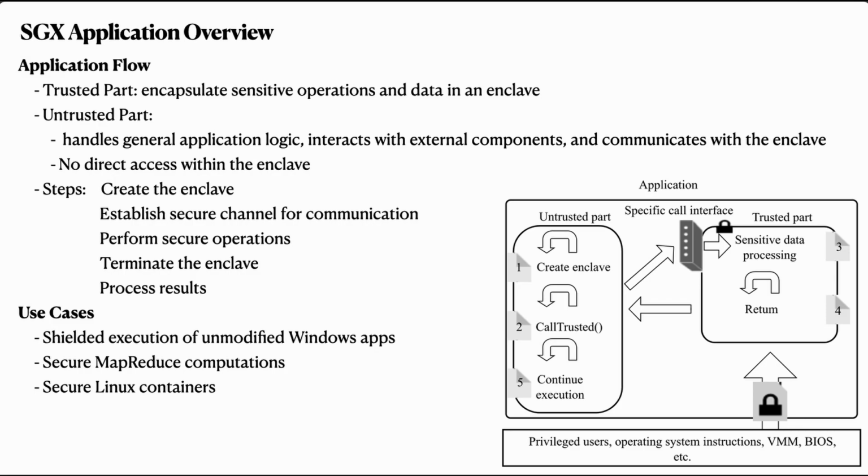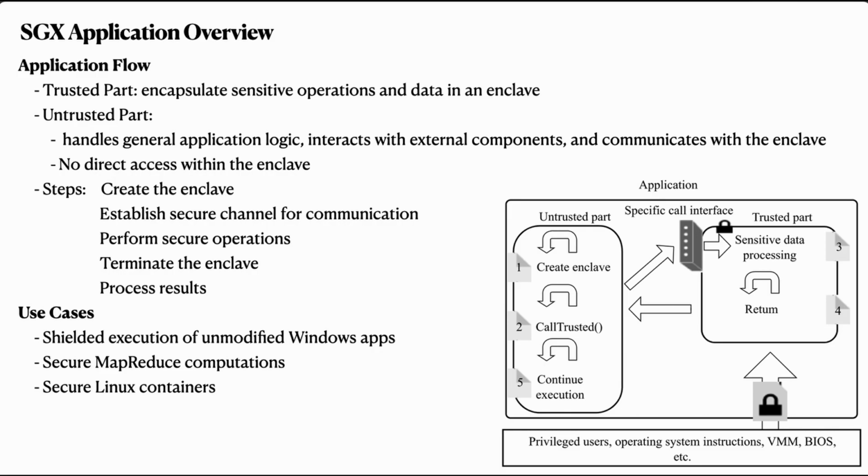And here is a simple workflow of an SGX application. The application starts by creating the enclave, and the enclave is loaded inside the enclave page cache. Then the application establishes a secure communication channel with the enclave.